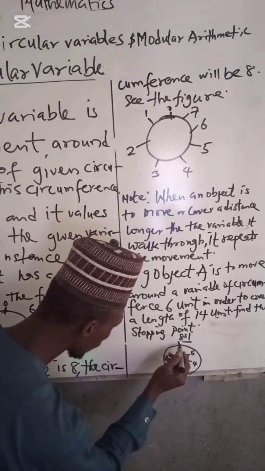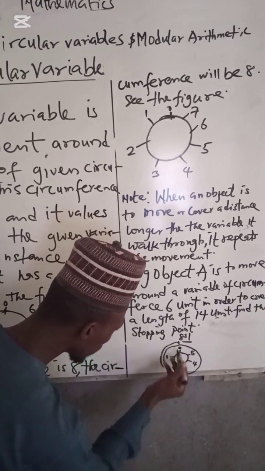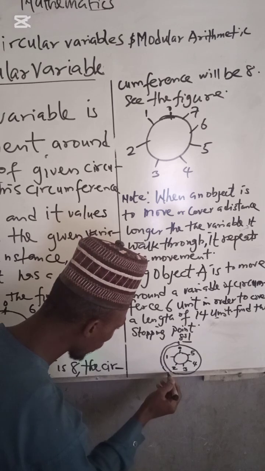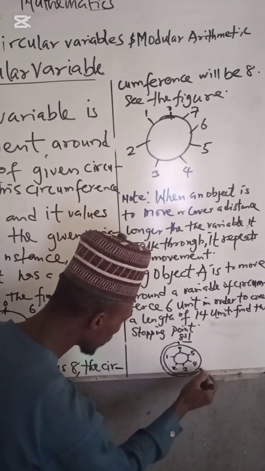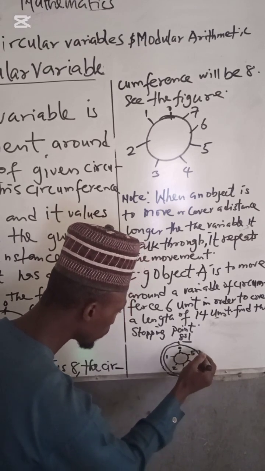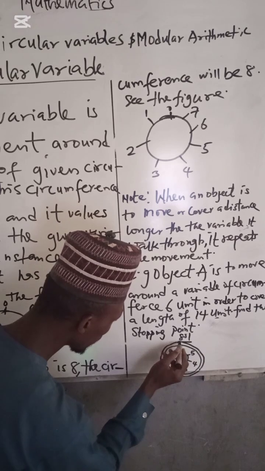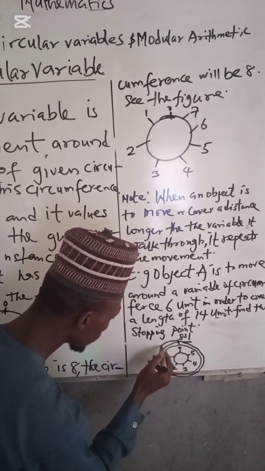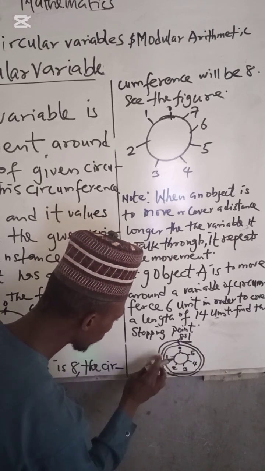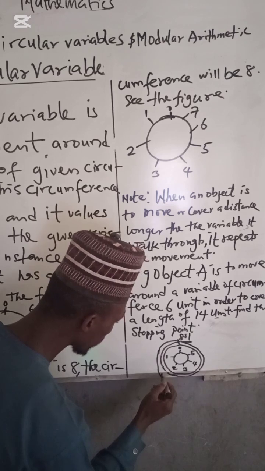So it has to continue again. Another round: 6, 7, 8, 9, 10, 11, 12. Remember, it's 14 units. It continues again: 13, 14.